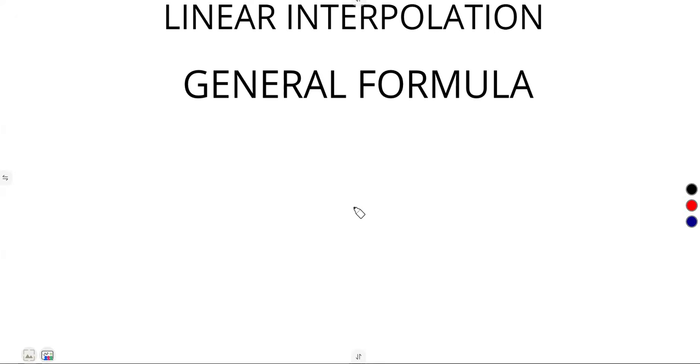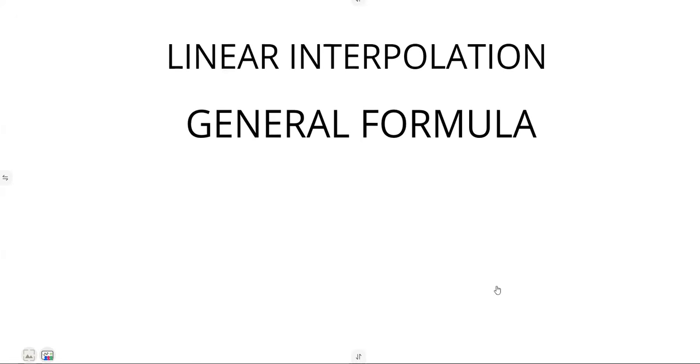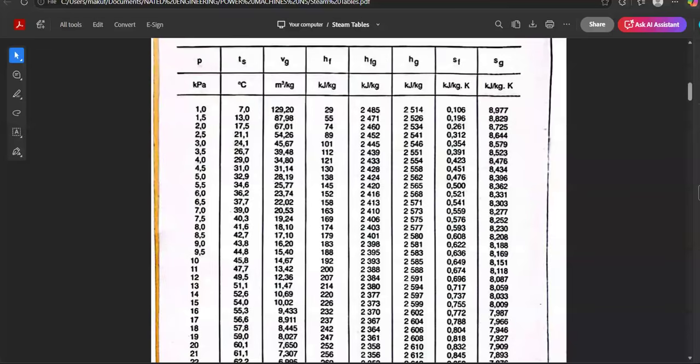So let's say for a given temperature, or a given pressure, but that pressure we do not have from our steam tables. If we consider our previous case, we worked with 11,33 kilopascal, which we do not have. We have got 11 kilopascal in terms of the pressure. We have got 12 kilopascal, but 11,33 is not given.